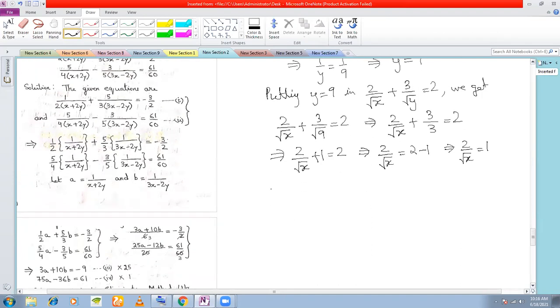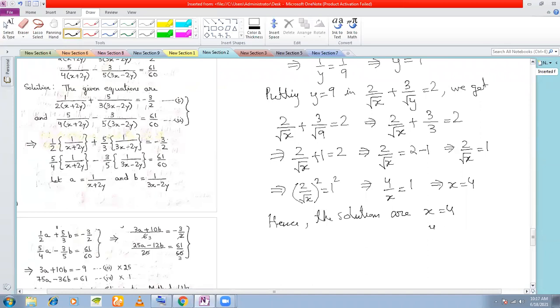Now, in order to remove the radical, we square both sides. 2 by root x whole square is equal to 1 square. That means 4 by x is equal to 1. Now you cross multiply to get x is equal to 4. Hence the solutions are x is equal to 4 and y is equal to 9.